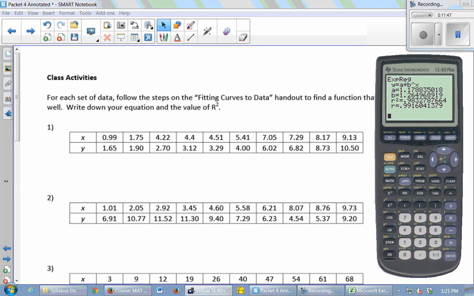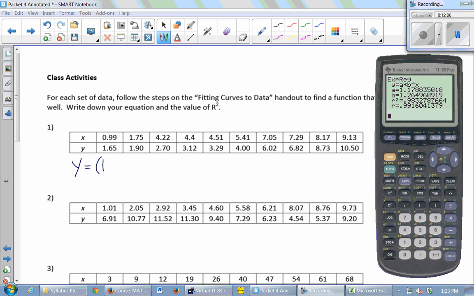Okay, so my calculator says the form of my model is a times b to the x, and it gives me the value of a and the value of b, and it gives me an r squared value.